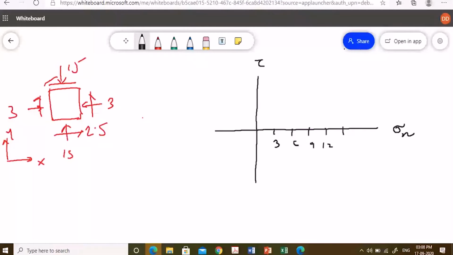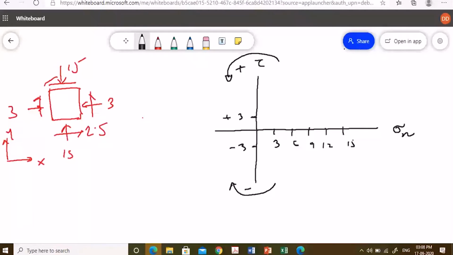So this will be same as 3. This is positive 3, and this is negative 3. And if you remember, I told you the clockwise was negative and anti-clockwise was positive. Okay? So in a graph paper, you first do this.